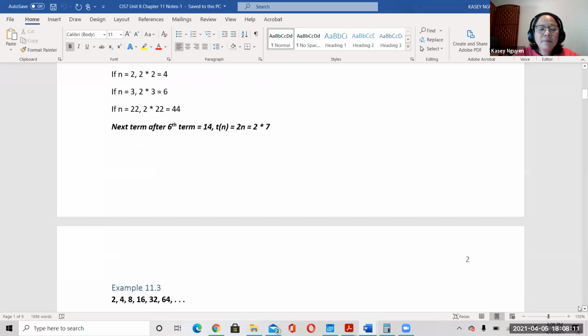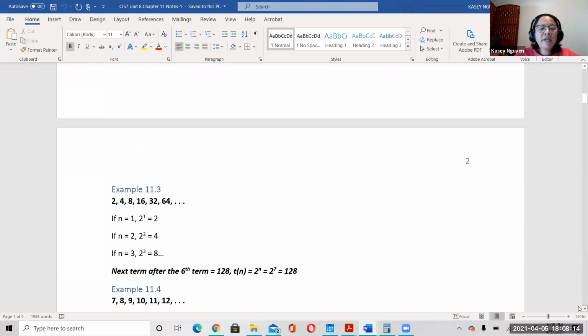Now, another example we can look at, which is a little bit different than the last one, we have 2, 4, 8, 16, 32, 64. And so when we say that if n is equal to 1, we would have 2 to the power of n, which is 2. 2 to the first is 2. When n is equal to 2, we would have 2 to the second power.